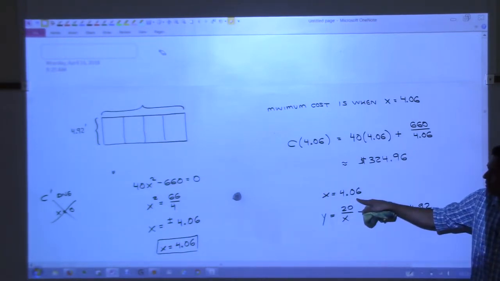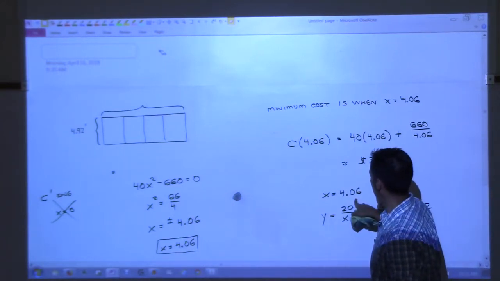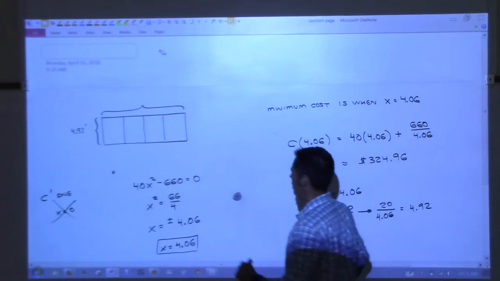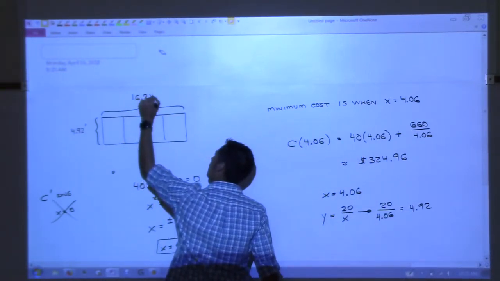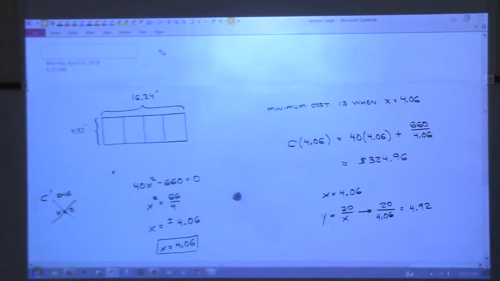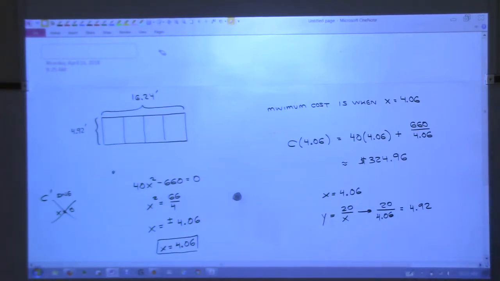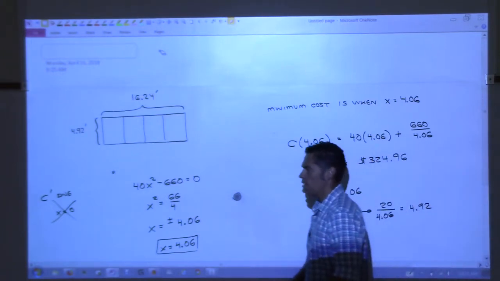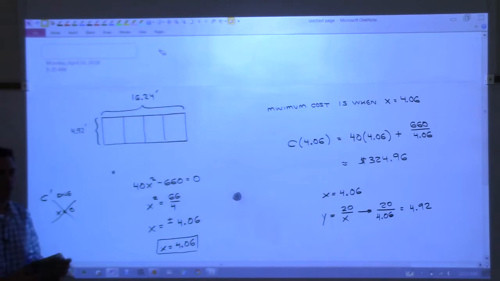So what's that, 16.24? If I build it that way, it will cost me $324.96. And there's no other way to build that pen at a cheaper cost. There's no other way to do it. That is the best way.